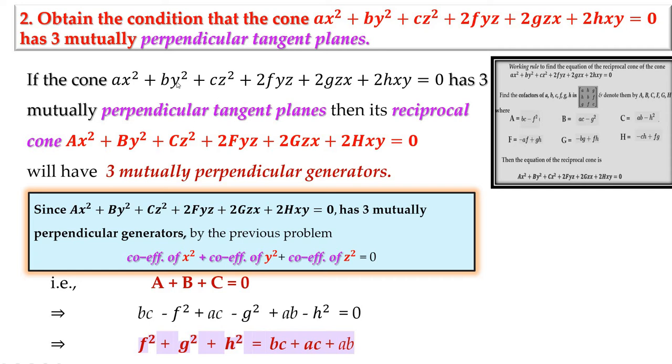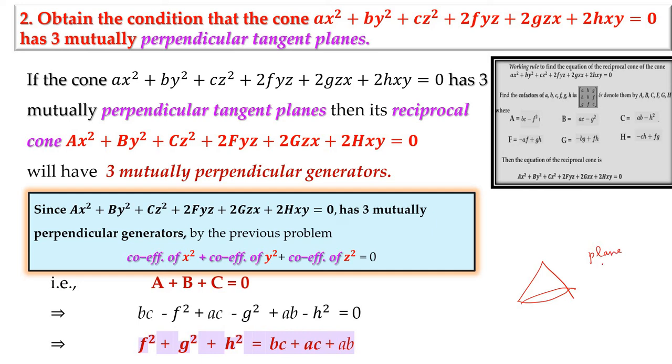So we have the given cone, and we have written the equation of the reciprocal cone. Now what is known to us here? We have a cone which is touched by three perpendicular planes.